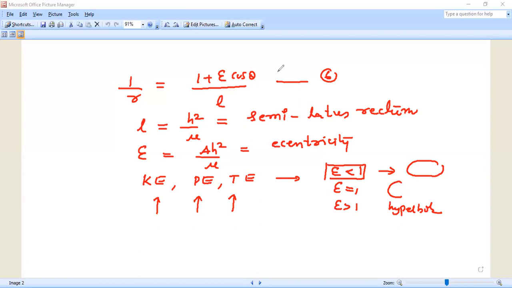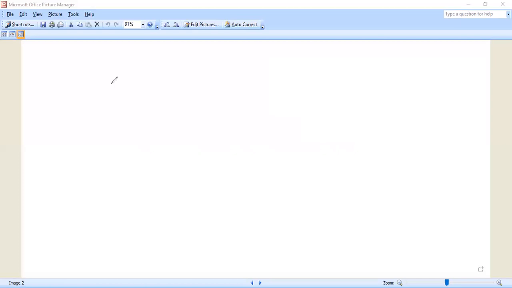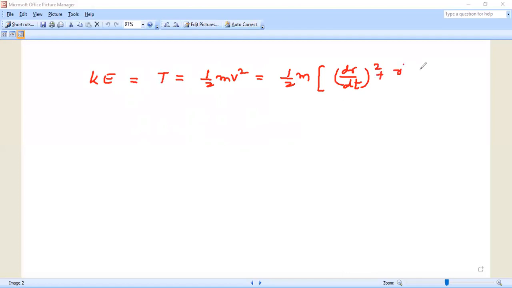Right. For that, let us see the kinetic energy of the planet. Kinetic energy of the planet, which I'm denoting with capital T, is equal to half m v square, that is half m, where v square is equal to (dr by dt) whole square plus r square (d theta by dt) whole square.